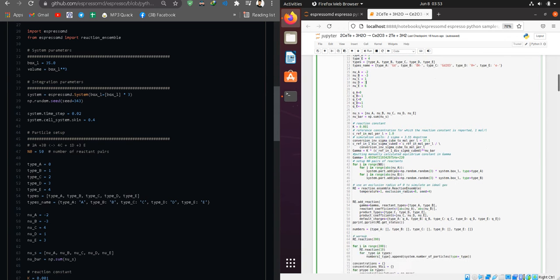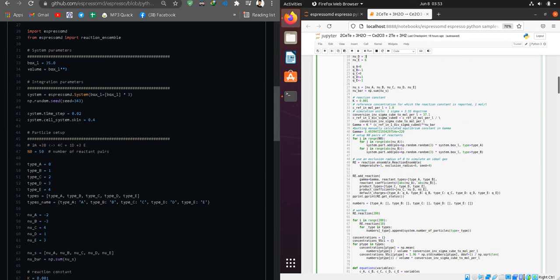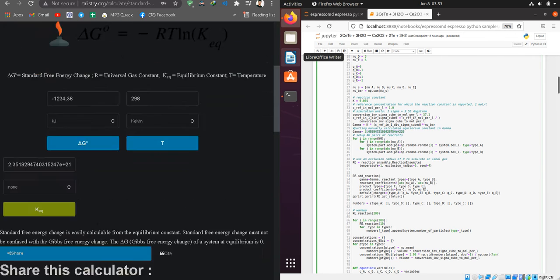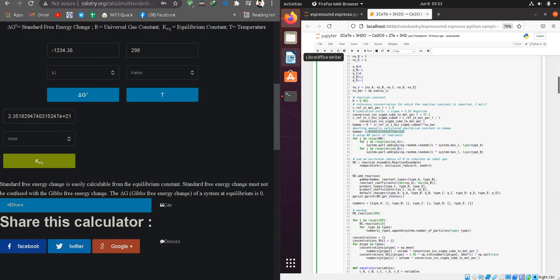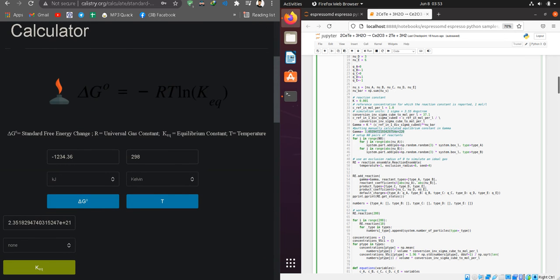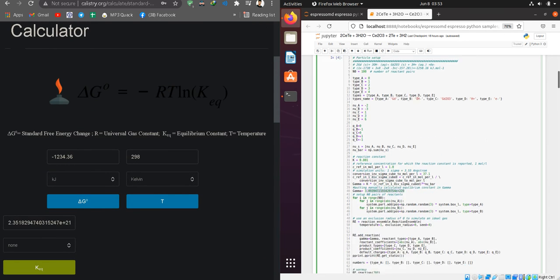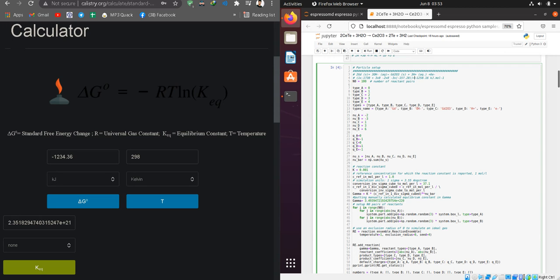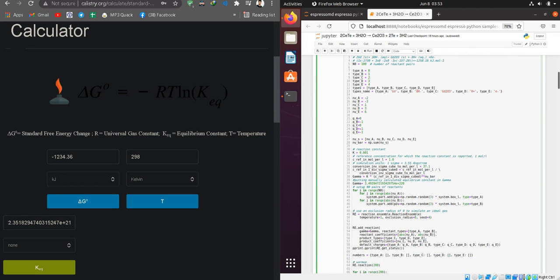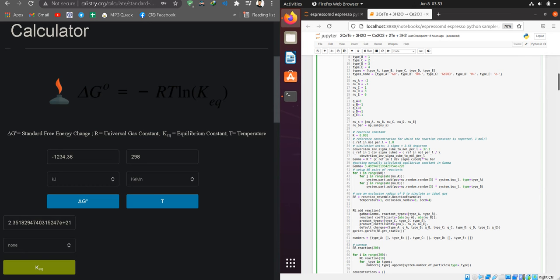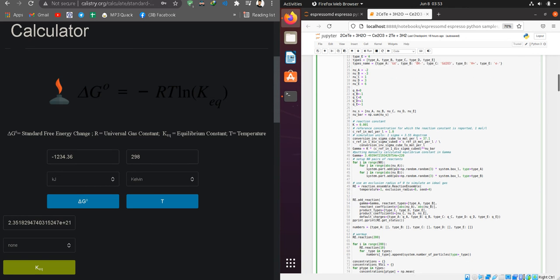Now I didn't remove these default codes. I just replaced the gamma value with the equilibrium constant, which I calculated using this value, -1258.6 kJ per mole for this reaction, and it came out around 3.4 times 10 to the power 220.